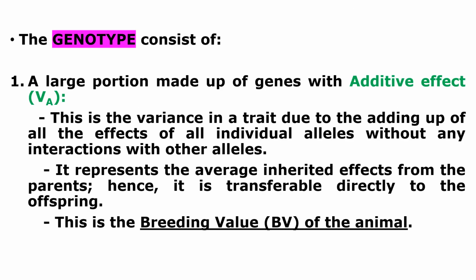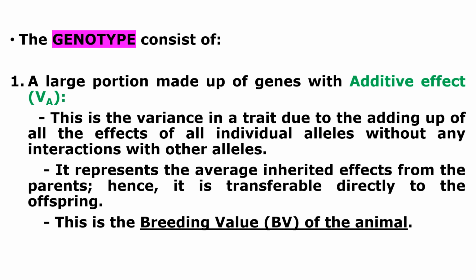Variance due to the genotype includes the effect of nuclear genes as well as mitochondrial genes and interactions between genes. So we want to look at the genotype. The genotype of an animal is made up of a large portion due to genes with additive effect. This is presented as VA. Now, this is the variance in a trait that is due to the adding up of all the effects of all the individual alleles without any interaction with other alleles.